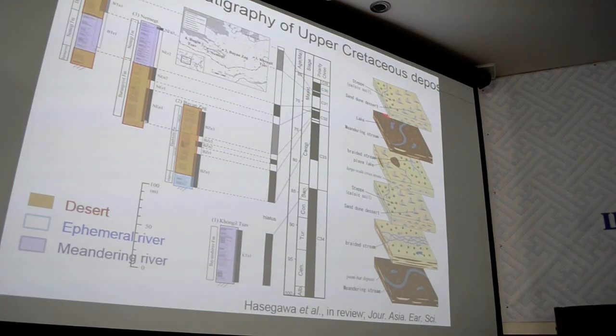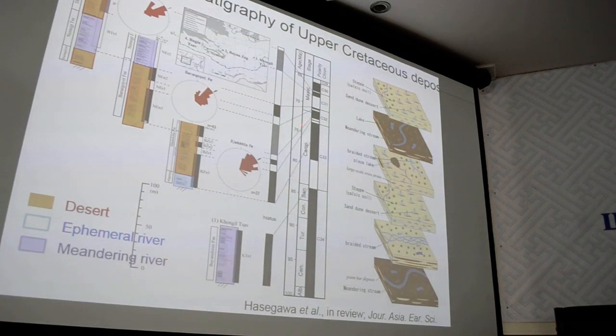Then during the Nemegt formation time, it turned into a relatively humid environment with lakes and a meandering river system. And then again, in the Zos Bulag formation, it changed to desert again. The parallel wind direction shows a consistent northeastward direction in the Gobi Basin. So this is the result of part of my PhD research.